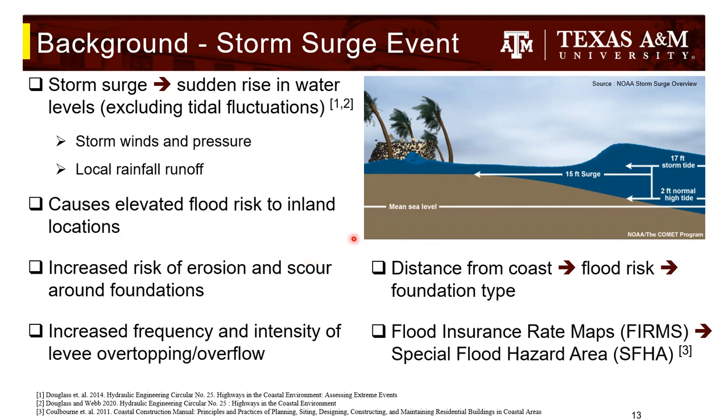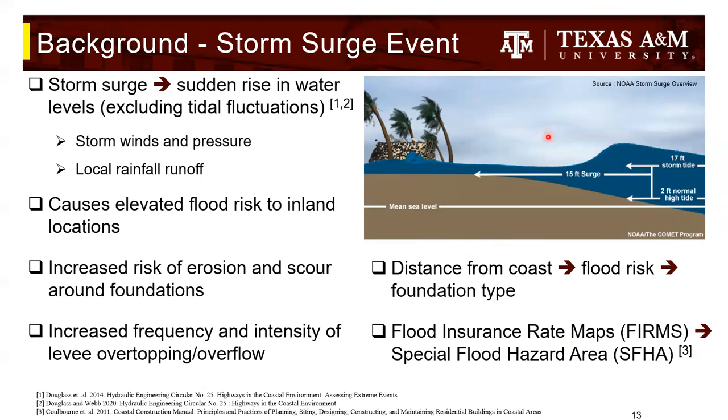Currently, we have different flood insurance rate maps and special flood hazard area maps, which show how prone our infrastructures are to the coastal floods. And on the right hand side, we can see a representation from NOAA of the mean sea level, the storm surges, and the flood levels. So these are some of the major factors or the forces that can potentially cause damage to our infrastructure.